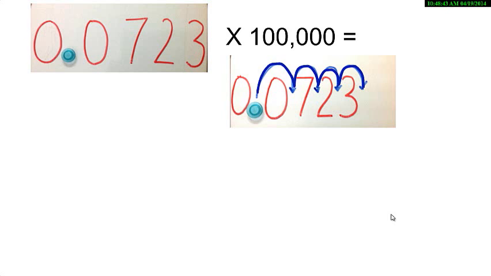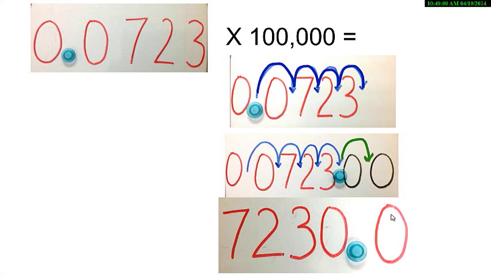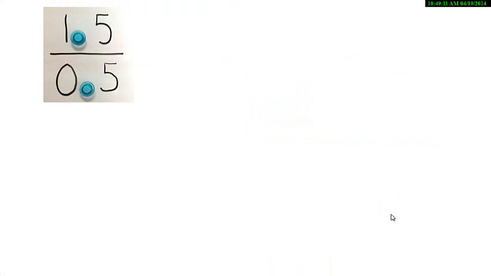So what do we do? We add a few more zeros after 3. Right here I have added 2 more zeros. So the decimal point has to move 1 more space. Can you guess the answer? Yes, indeed, the answer is 7230. We will use this while solving problems in division of decimals.